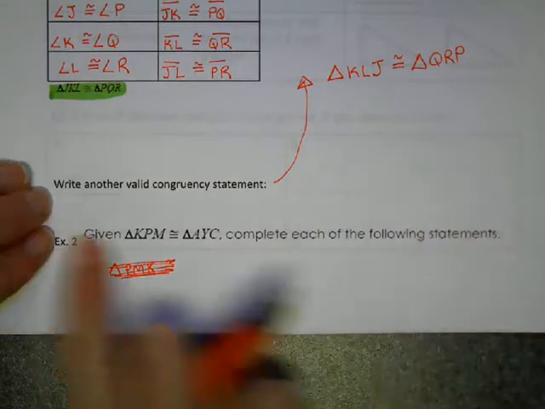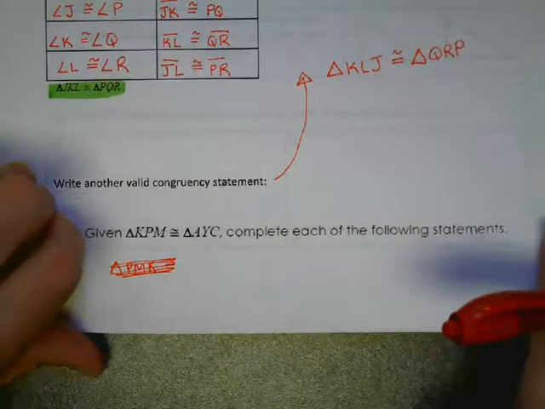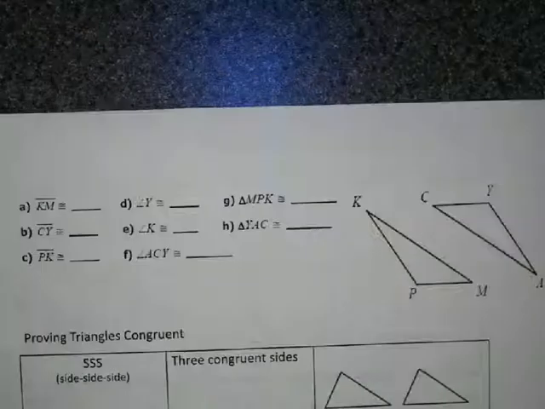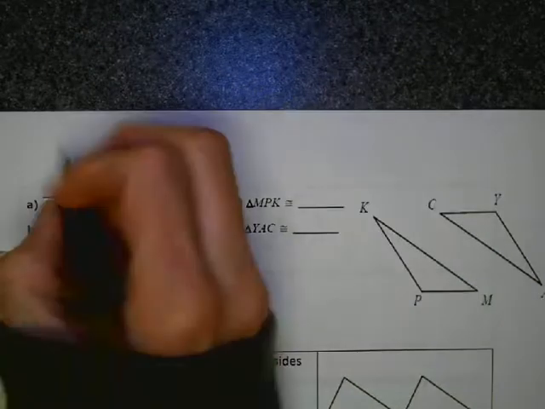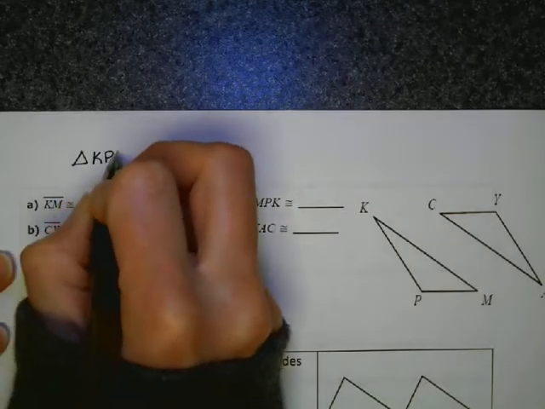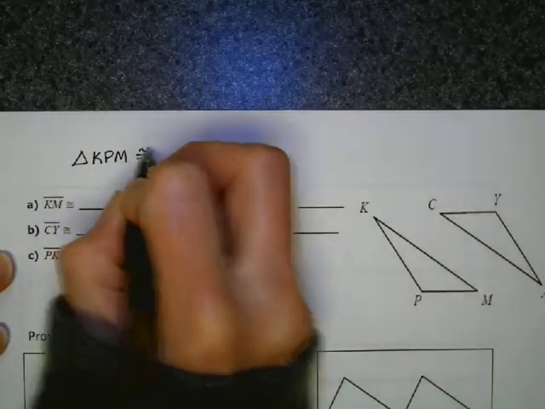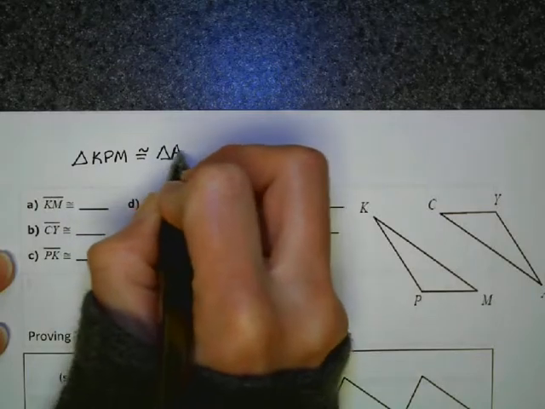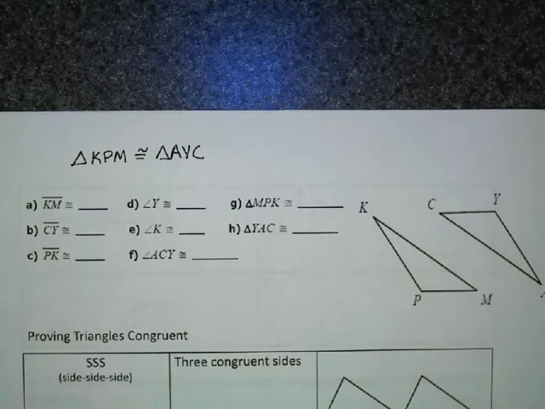These directions go with the next example, so I'm going to write them at the top of this example since mine printed on a separate page. The directions say triangle KPM is congruent to triangle AYC. Use this information to complete the following statements.